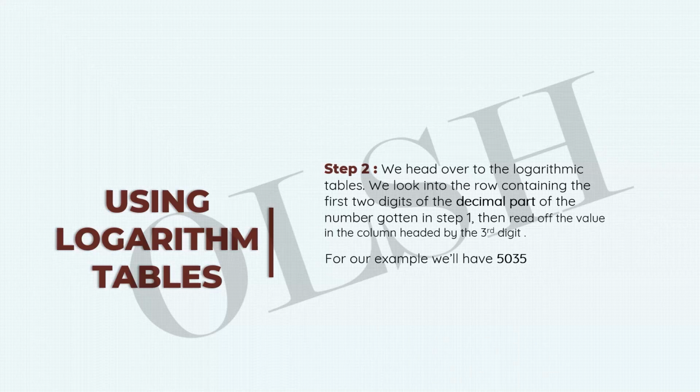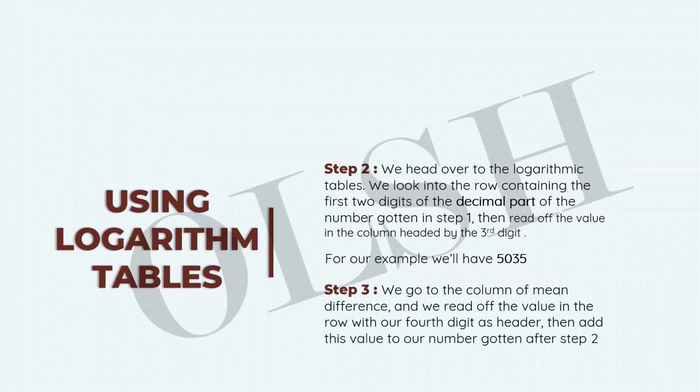Remember our decimal part is 0.7027, so the 3rd digit there is 2. So if we do that, our answer in this step 2 is 5035. Okay, so let's go to step 3.